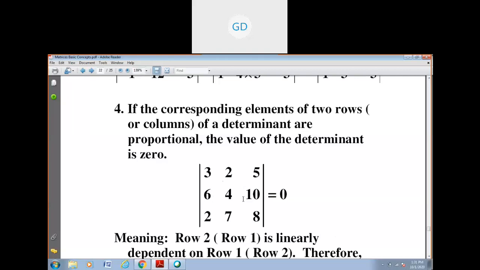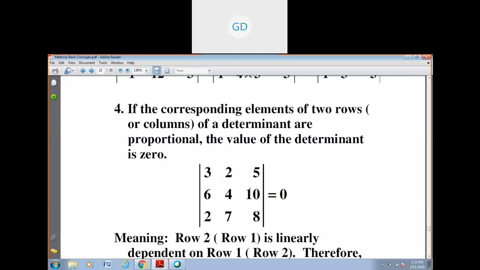If we write 2 outside the determinant, then the second row will be 3, 2, 5. Again, the first row is 3, 2, 5. That means two rows are identical. So without simplification, we can write its value as 0. When two rows or two columns are identical, then its value is always 0.